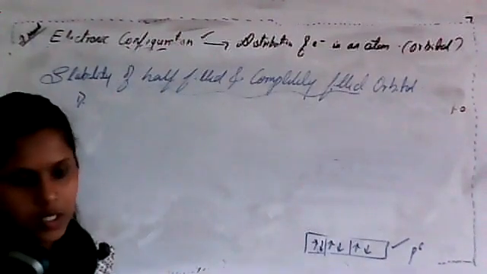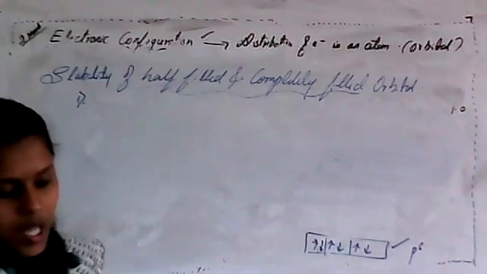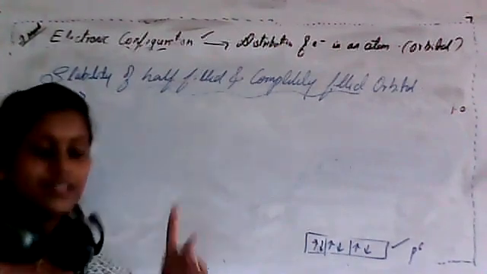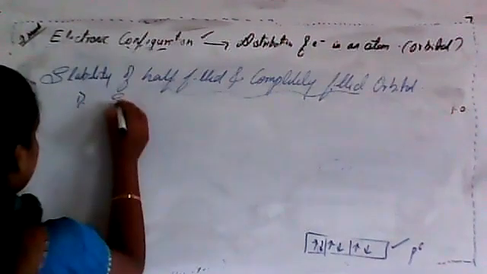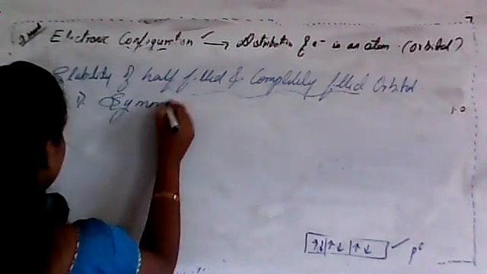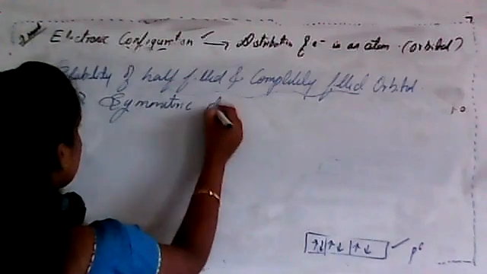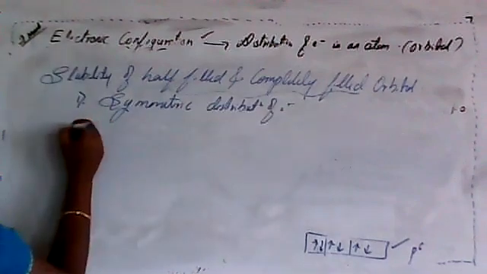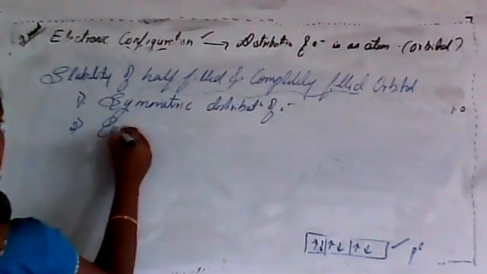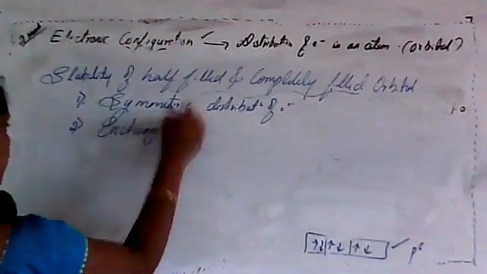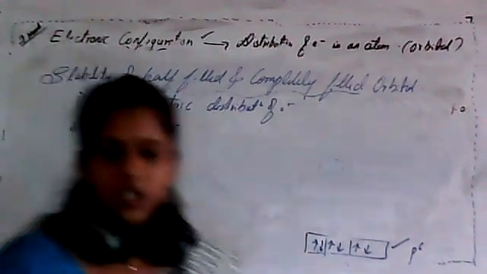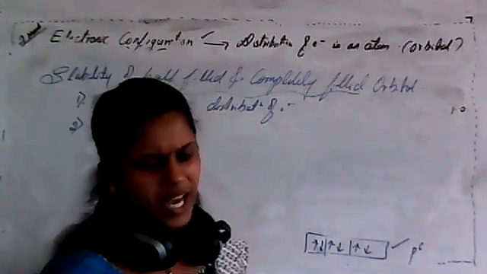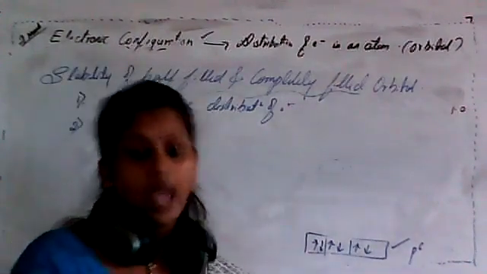Clear? So this question is about stability. Now there are two terms: the first one is symmetric distribution of electrons, and the second one is exchange energy. In the first one, because of high energy it is stable, student.